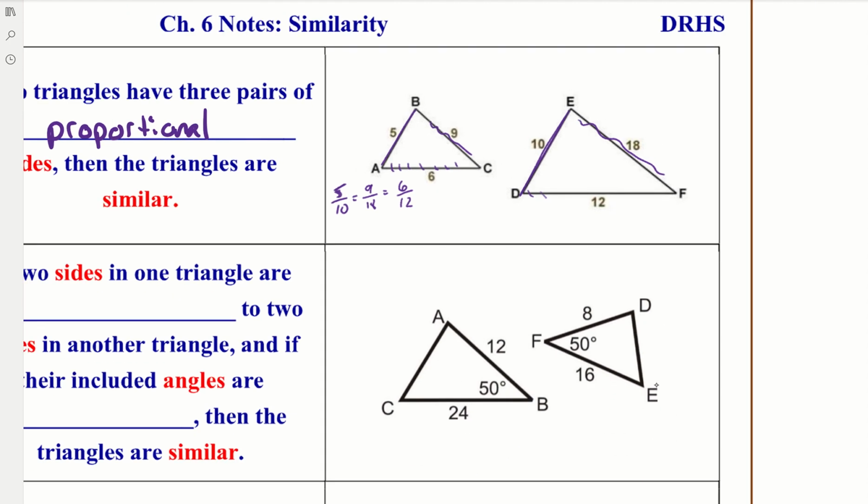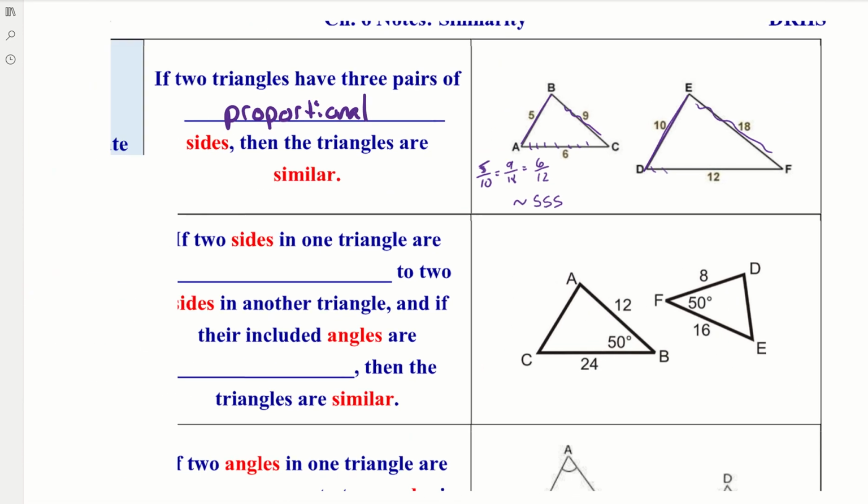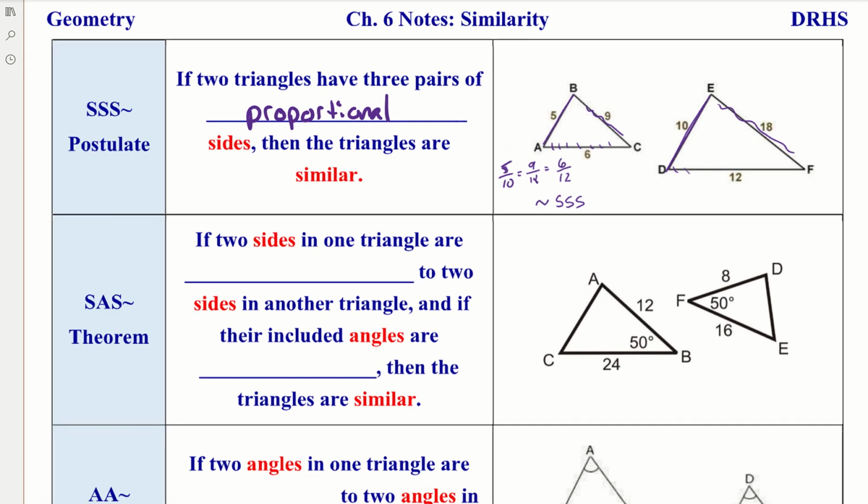So this would be similar by the side-side-side similarity postulate. 5/10 is 1/2, 9/18 is 1/2, and 6/12 is 1/2. They are all the same proportion.